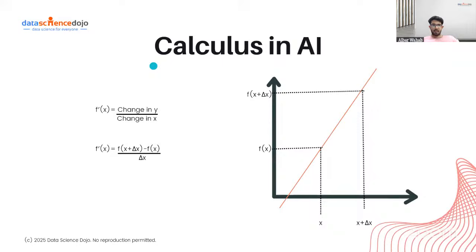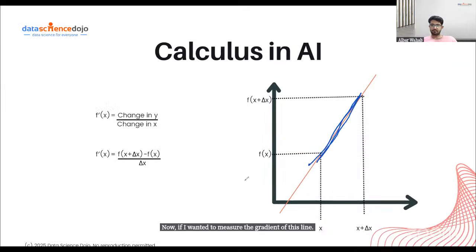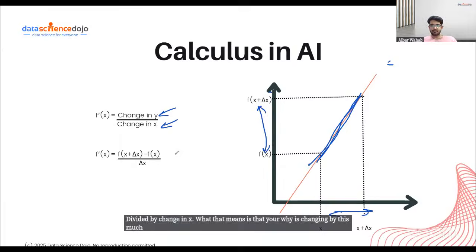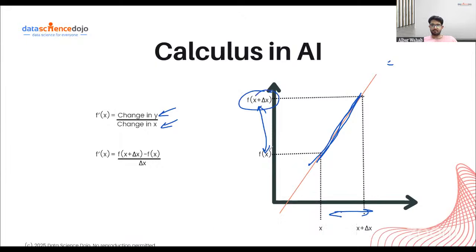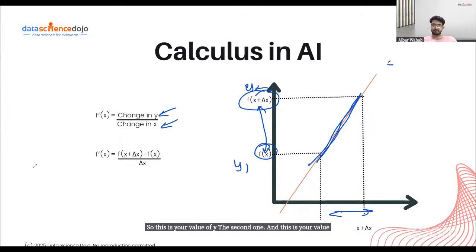Now, if I wanted to measure the gradient of this line, the concept is going to remain the same. It was change in y divided by change in x. What that means is that your y is changing by this much, and your x is changing by this much. So this is your value of y, the second one, and this is your value of y, the first one.